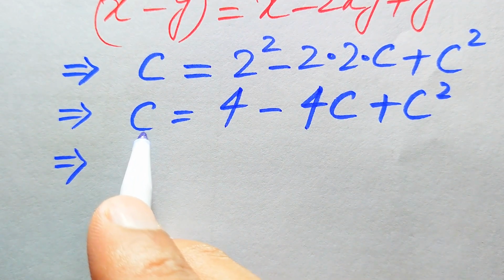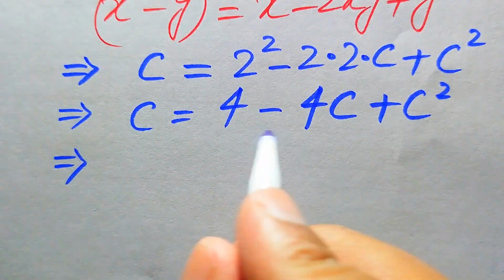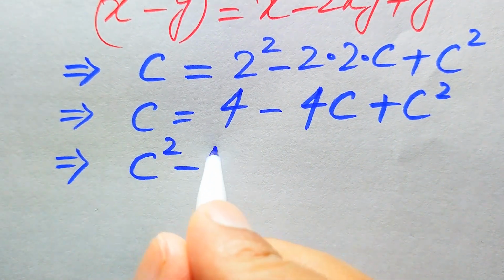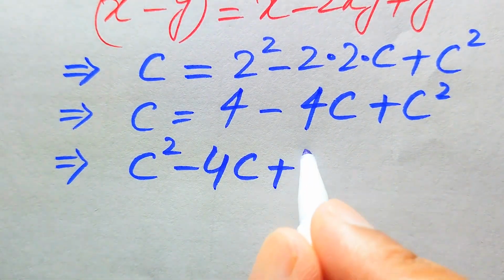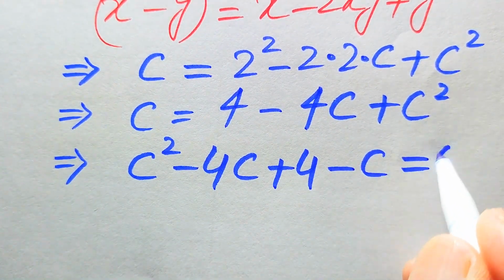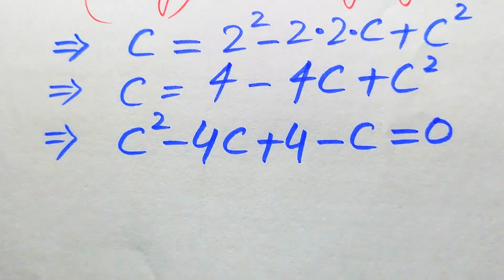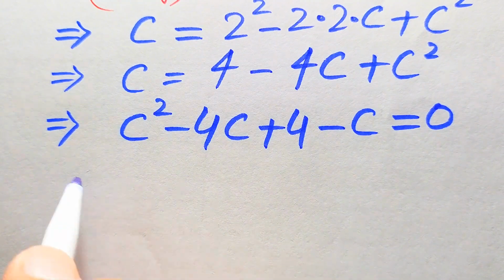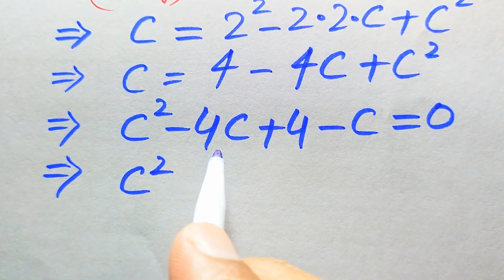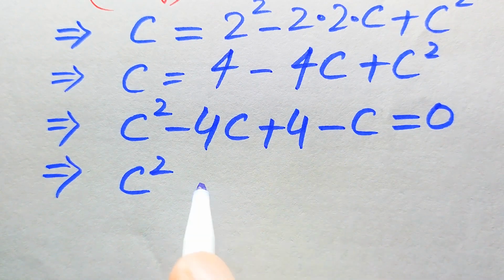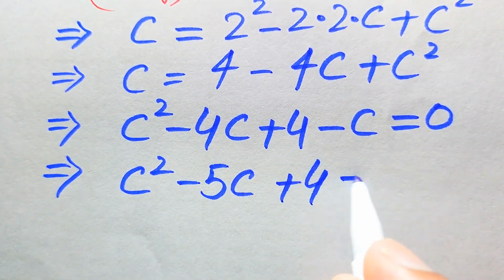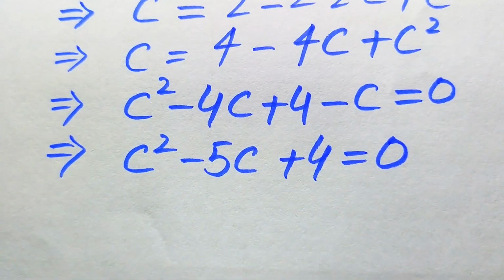So we move the term c to the right hand side and rearrange all these terms, and we get c square minus 4c plus 4, and this plus c becomes minus c, and this whole equation is equals to 0. Here we add or subtract the like terms, and we have c square minus 4c minus c becomes minus 5c, plus 4 is equals to 0.